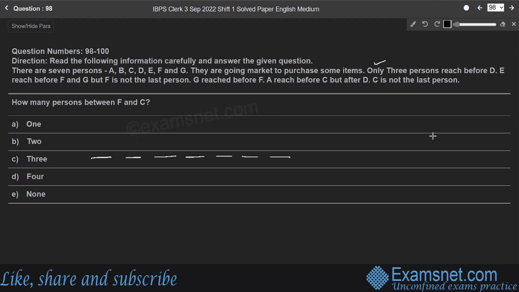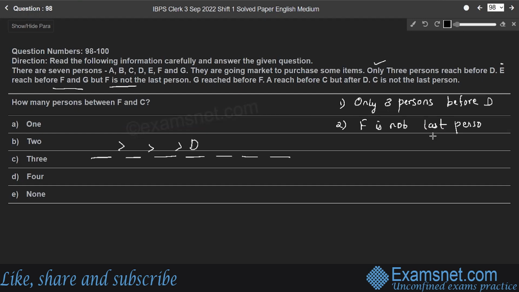First point, only 3 persons reach before D. Means D is the 4th person. The second point: E reaches before F and G, but F is not the last person. This is an important point.